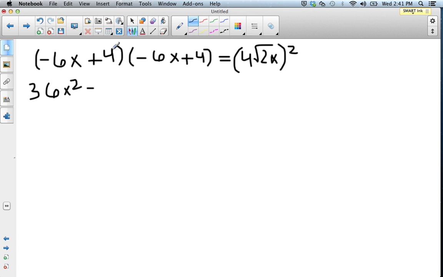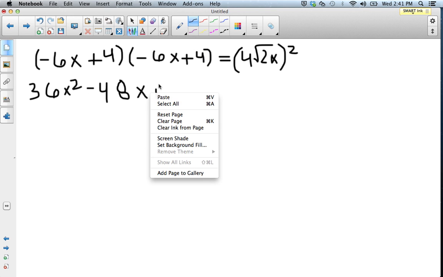But I'm going to have another minus 24x here. So I'm going to go ahead and write my middle term. Negative 24x minus 24x is negative 48x. And my last term here is 16. It's 4 times 4 is 16.